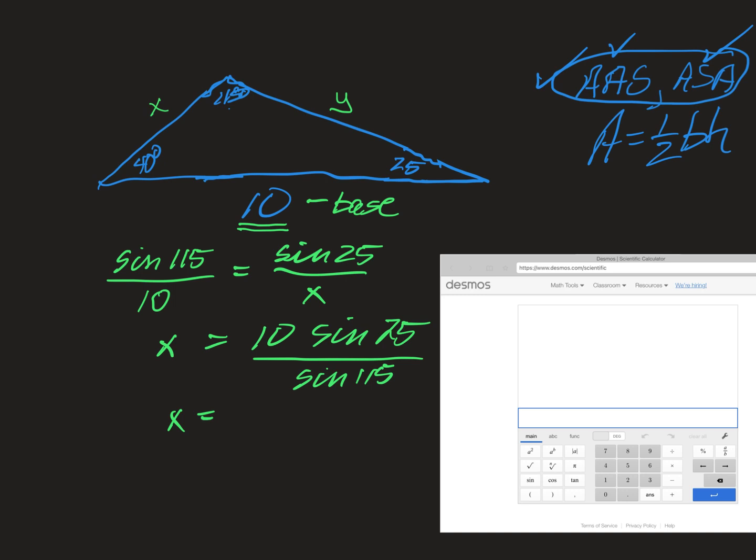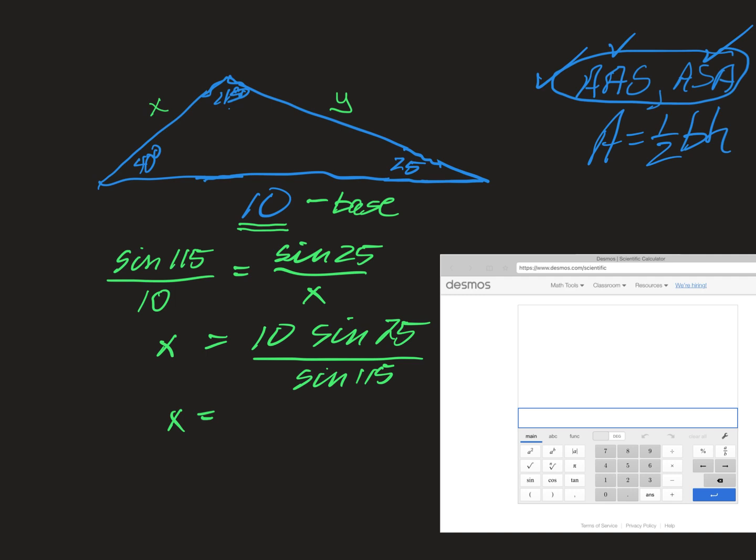And so now we can, oh, I've lost my Desmos calculator. Oh well, now we can calculate that. So pretend I punch this in on the calculator, right? I did 10, and then I did the sine of 25. Check to make sure my mode's degrees.